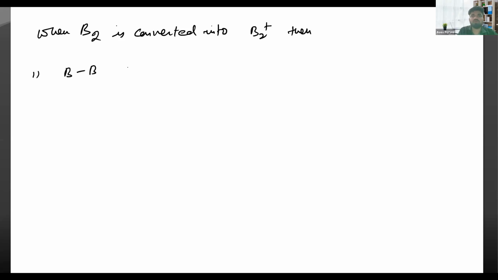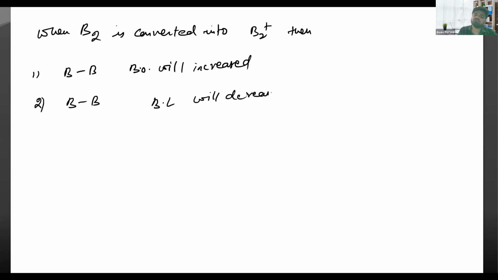Not last. Okay, when B2 is converted into B2 positive, then first, the bond order will increase. The second is bond length will decrease.